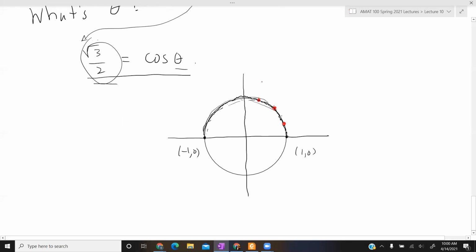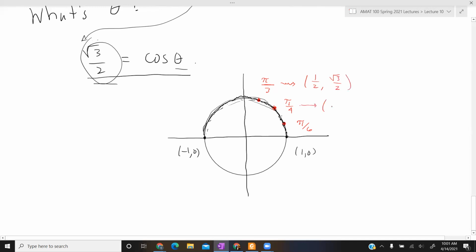We have these three particular points on the circle that we should know. So this was pi over 3. This is pi over 4. And this is pi over 6. This one corresponded to (1/2, root 3 over 2).